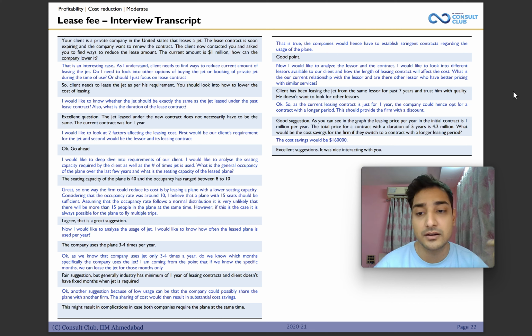Some of the concepts didn't work, but it's very important to come up with those ideas and then have a conversation with the interviewer about whether these concepts are applicable in our client's case or not. That shows you can think on your feet and think exhaustively of what all can help our client reduce the leasing amount. So it was a pretty interesting interview, and let's analyze the case as a whole.